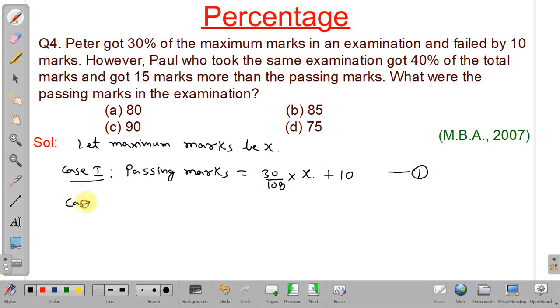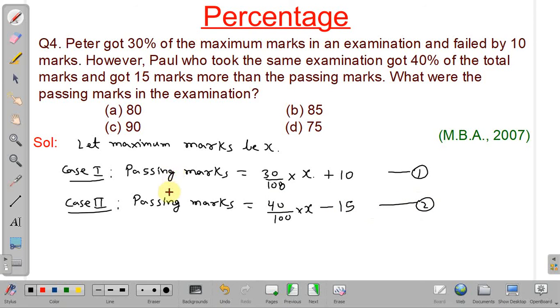Case 2 is the case of Paul. As per the given information for Paul, passing marks can be calculated as: he got 40% of the maximum marks, so 40 by 100 into x, but he got 15 marks more than passing marks. So we have to reduce it by 15 to get the passing marks.